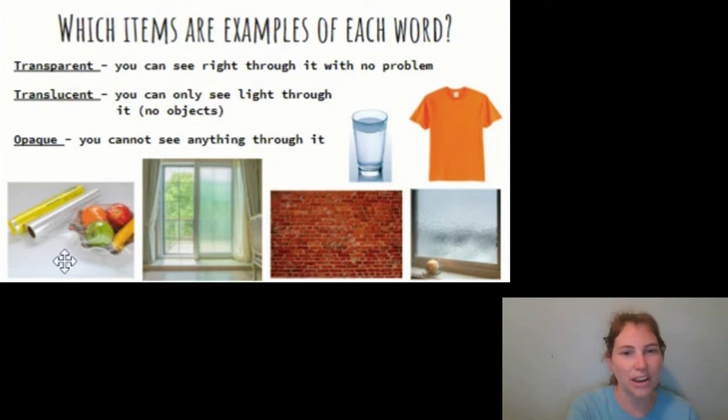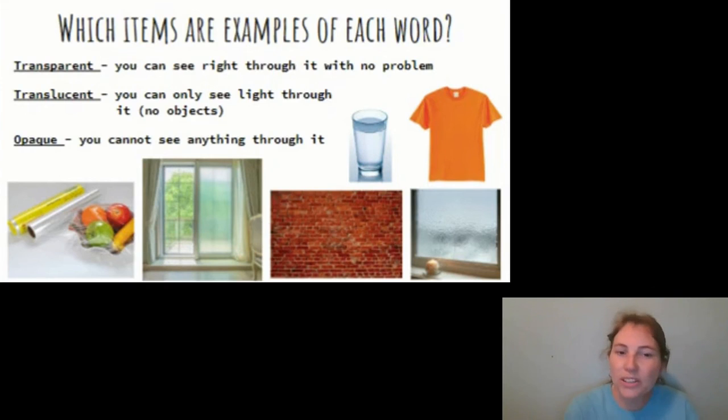You can see right through that. That's transparent. As is the drinking glass, you can see through it. It might refract the image a little bit, but you can see things through it. And then this side of the glass window is also transparent. You can see the trees outside pretty easily.